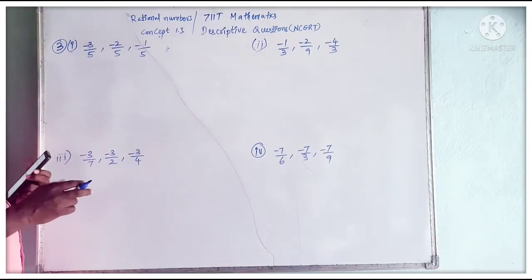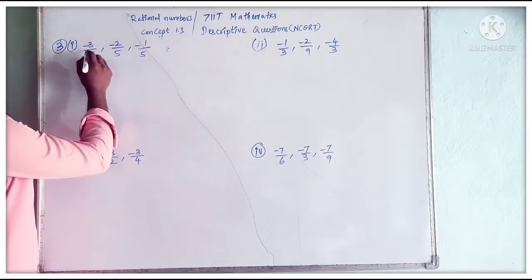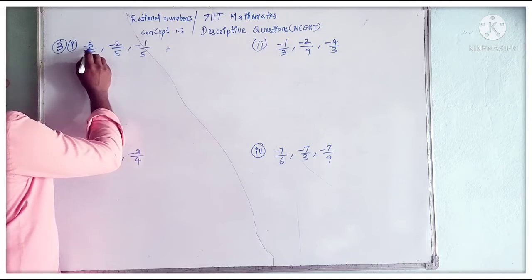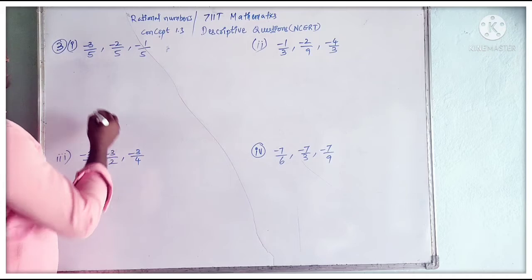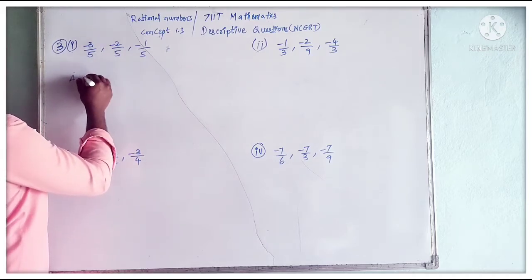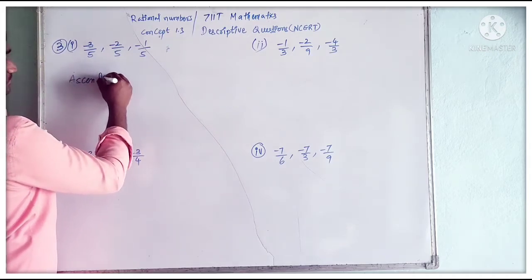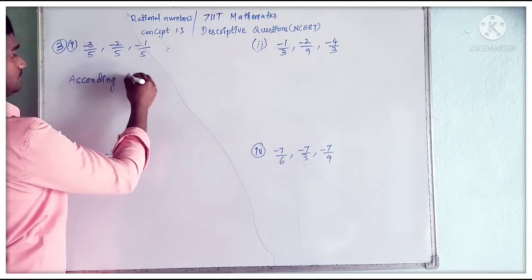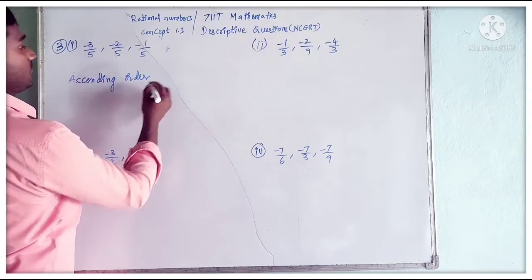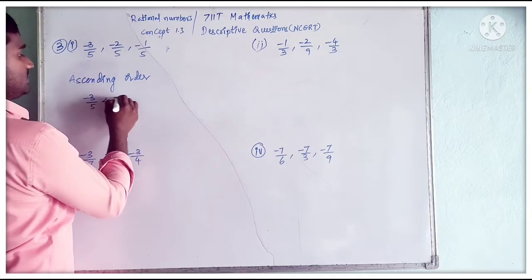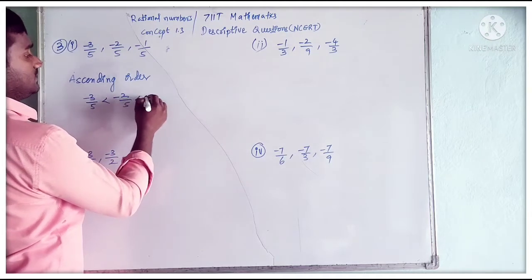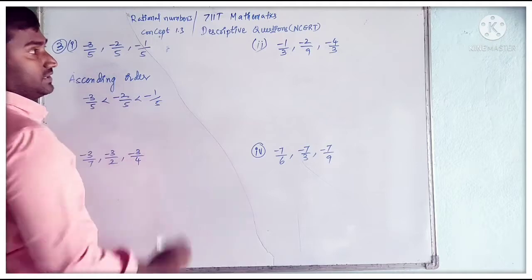Ascending order means smallest to greatest. What is the smallest integer? Minus 3. So minus 3 by 5 is the smallest rational number. So ascending order: minus 3 by 5 is less than minus 2 by 5 is less than minus 1 by 5.